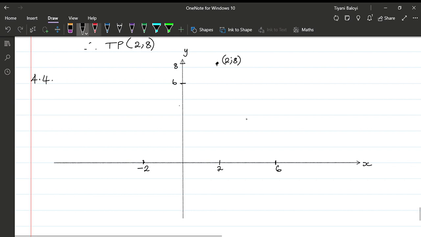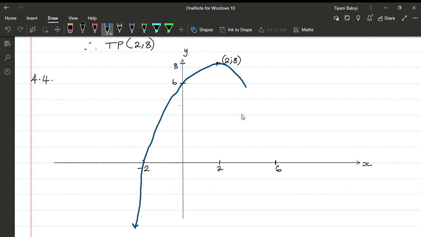And then I can just use a blue to draw my graph. So it has to cut here and also touch here and turn around here. So we can start by drawing the first half, cut the y-axis there, cut the x-axis at 2, and then it goes to infinity here, and then it does the same thing this side, but it cuts 6, and then it goes in this direction, right?